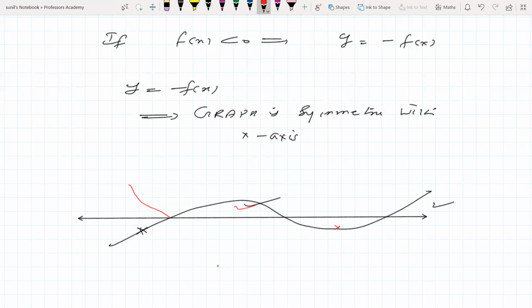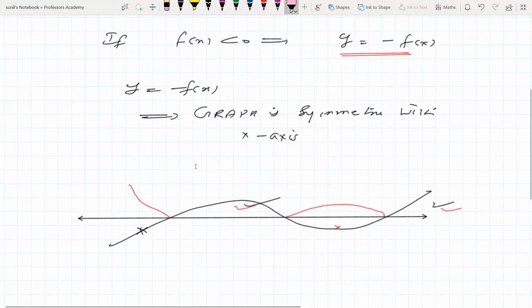The graph will be the reflection about the x-axis. So the graph is coming something like this. So this is the situation. You see that the red colored one will come instead, whenever the graph is below the x-axis. Graph below the x-axis means the value of f(x) becomes negative. So the value of f(x) is negative. You should remember this is the situation.